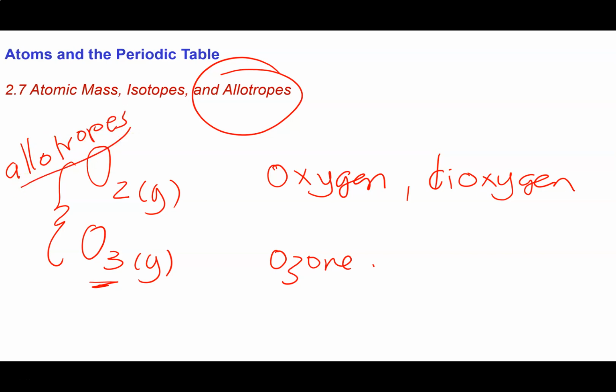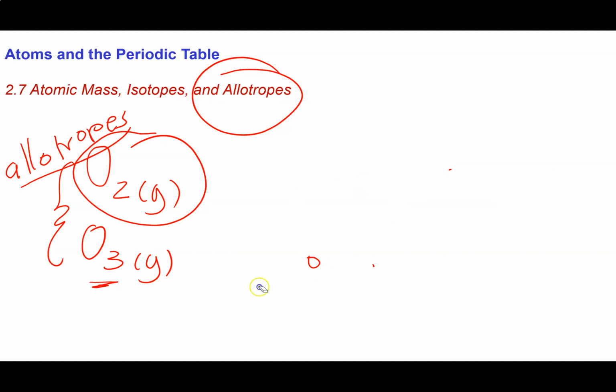What we find is that there is one most common allotrope, which is O2, and then elements might have less common allotropes, such as O3. So for example, if we look at carbon, the most common allotrope is graphite, the stuff you find in pencils.